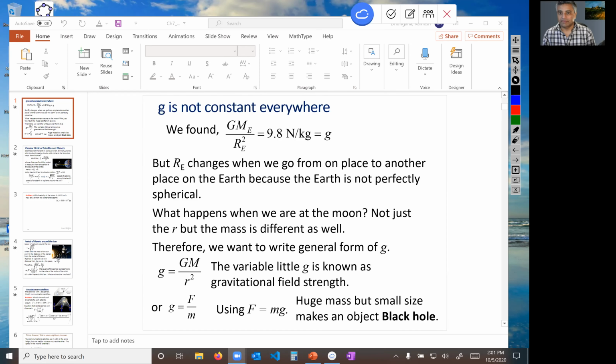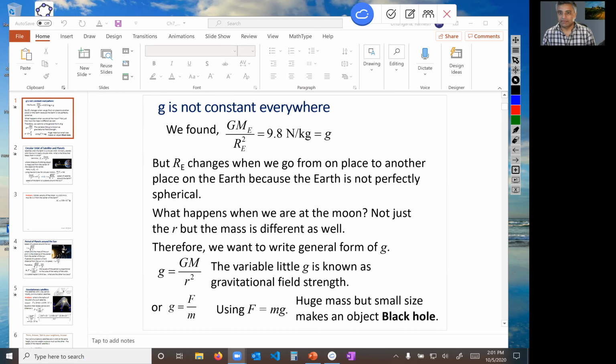Here, this M is the mass of that planet or anything. And this R is the distance of the point of interest from this mass. So mass is here and the point of interest is here, at this distance r. In that case, g is given by this.